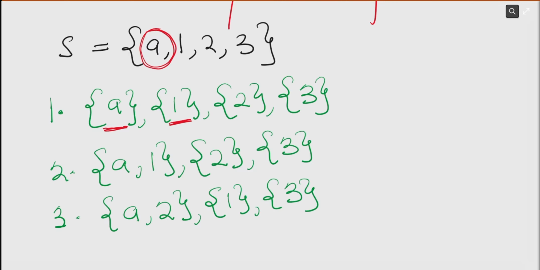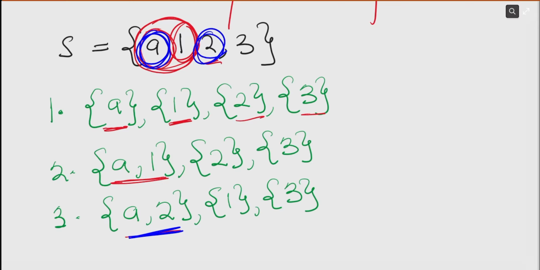After writing 1, I assume that 1 is no longer in the set, and so on and so forth. In the second example, I wrote {a, 1}, so I assume that a and 1 are no longer in the set. I wrote 2, I assume that 2 is no longer in the set. In the third example, I wrote {a, 2}, so I assume that a and 2 are no longer in the set, so that you do not repeat them.